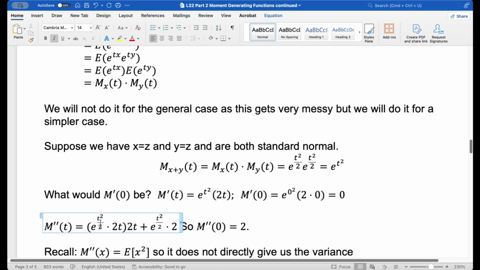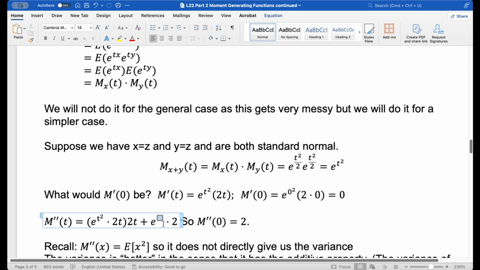That was in the original, and we're working with the sum here now. So this should just be t squared. Derivative of e to the t squared is itself times 2t. Second function is 2t. And then the second part of the product rule, we're going to leave the e to the t squared alone. Derivative of 2t is 2. So let me just label that here.